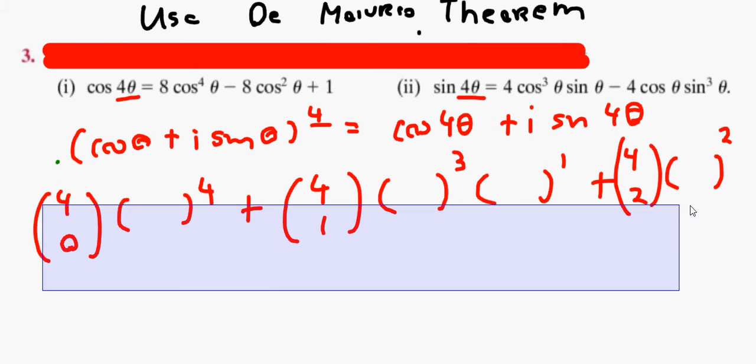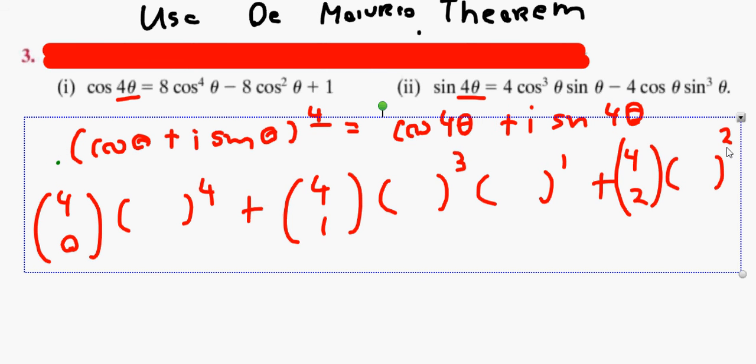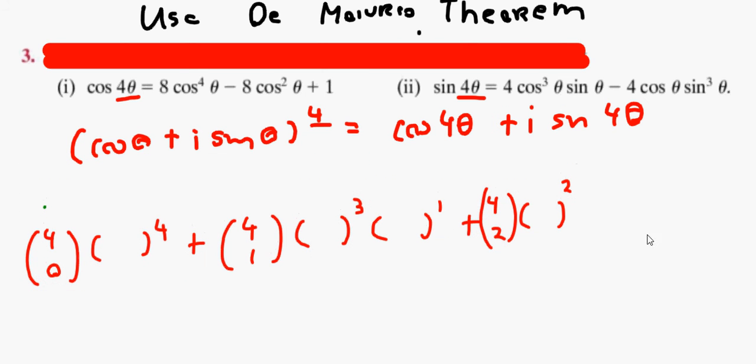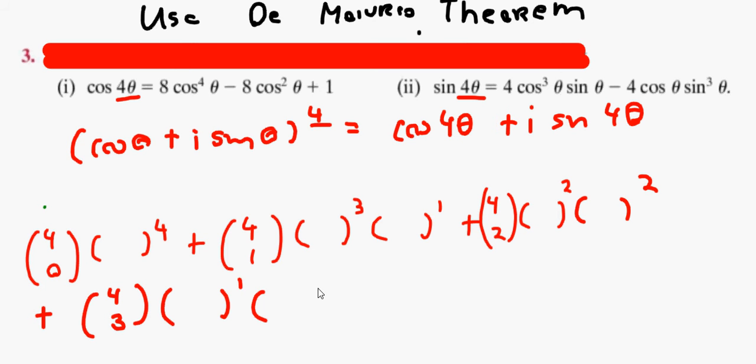Alright, just going to make my writing a bit less gigantic. If I can. There we go. What's after that then? 4c3. First one to the power of 1, second one to the power of 3.